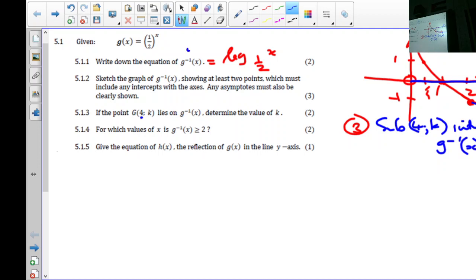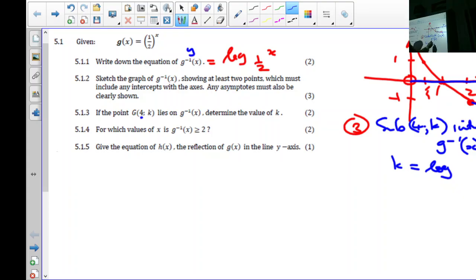Remember, this is a y and that is your x here. Okay? So your k is a y. So k is equal to log x, which is 4, base half. Now we can use the log laws. Okay? But many a times we are not exposed to the log laws, so we can punch it in the calculator.